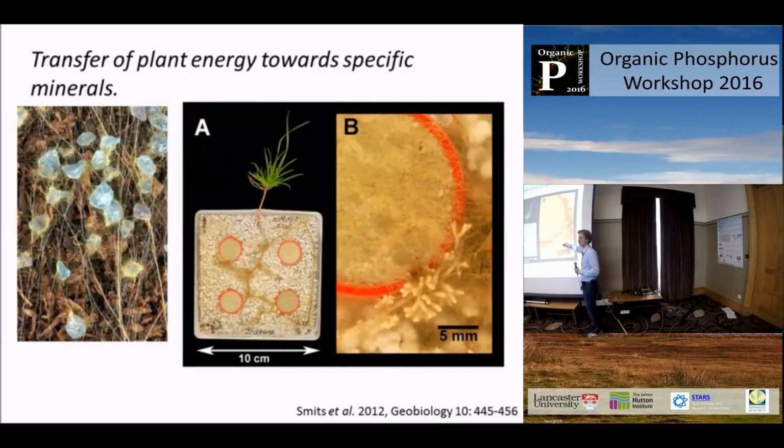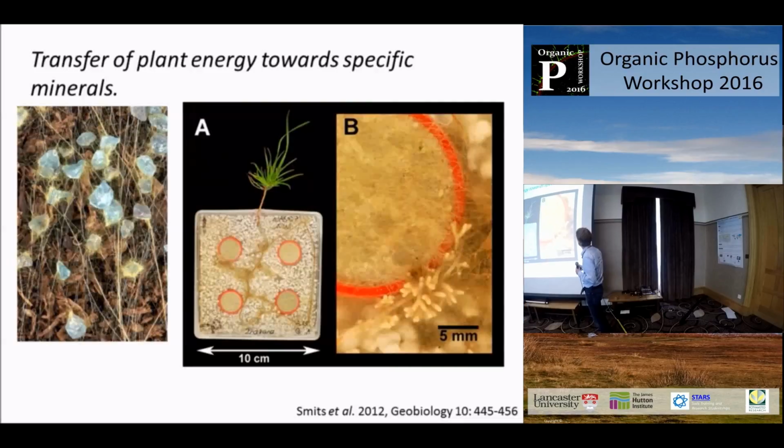And here you see a picture of the mycorrhizal root tips. So you have a tree root here, and then the mycorrhiza force the tree to produce these very nice root tips, and they envelop the root tips, and in that way they have a very intimate contact between the tree and the fungus.